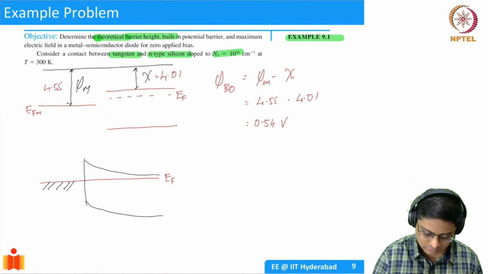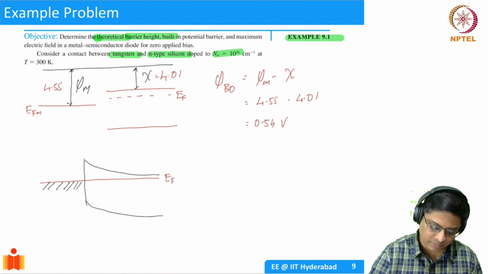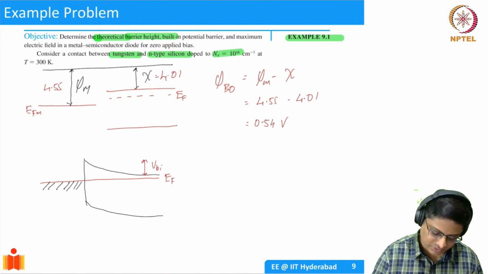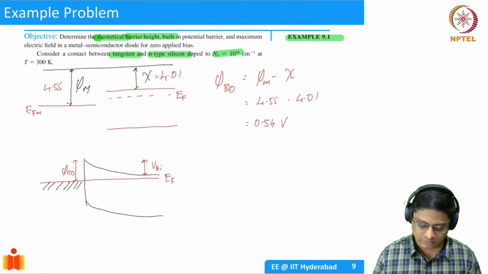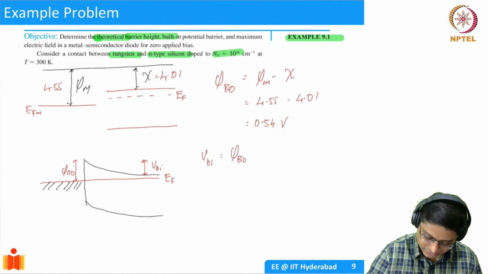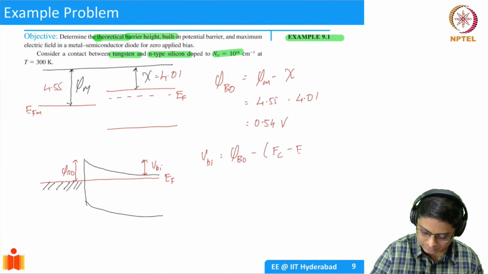There's going to be a barrier. This is your built-in potential VBI, and we saw that this was phi b naught. So the built-in potential VBI is simply phi b naught minus the distance between EC and EF.